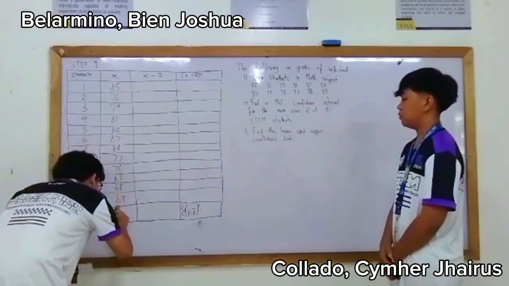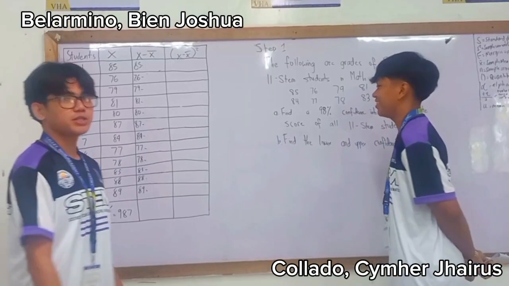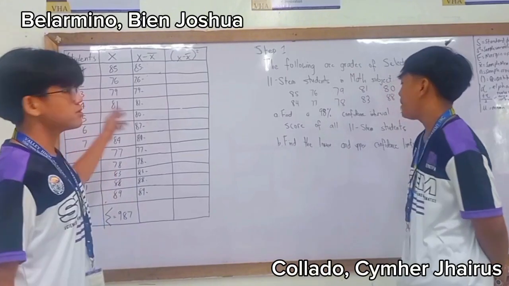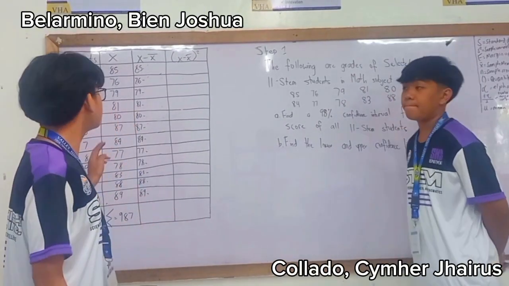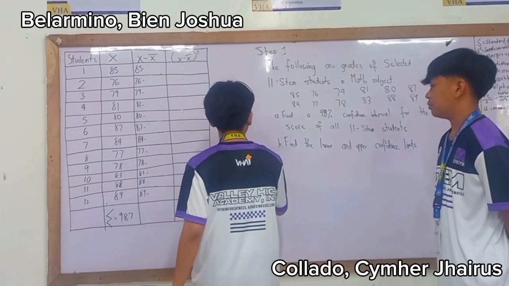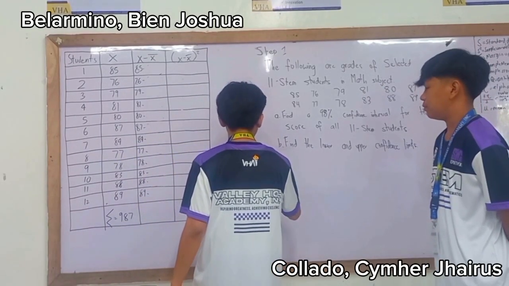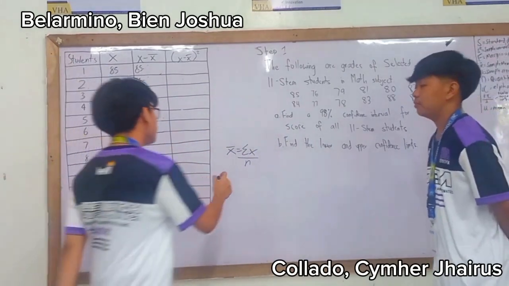To get the summation of x, we have to add all of this, which equals 987. Next, for the column, we first need to get the sample mean, which is the summation of x over the sample size. Our sample size is 12.